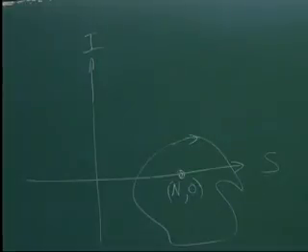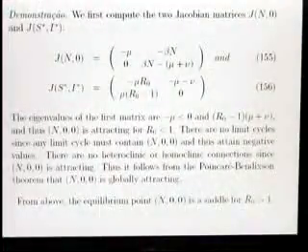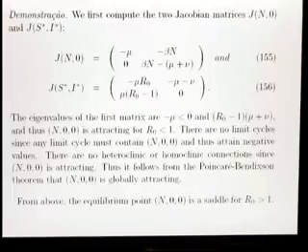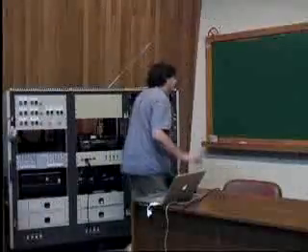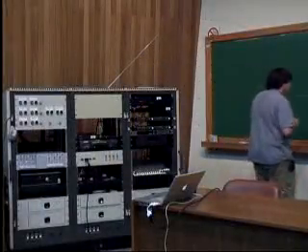No, the other one doesn't exist if R naught is less than 1. Oh, the other one is a boundary. Yeah, right.